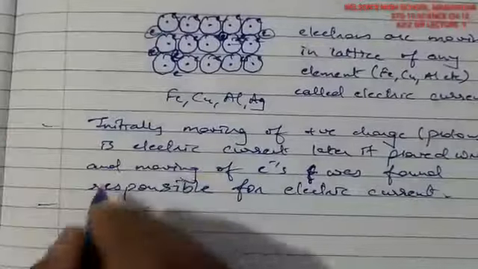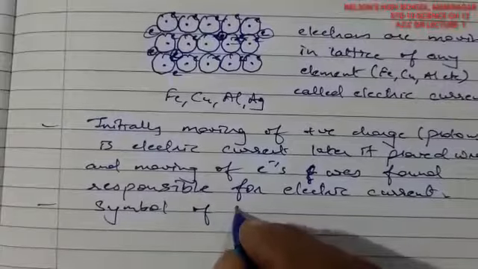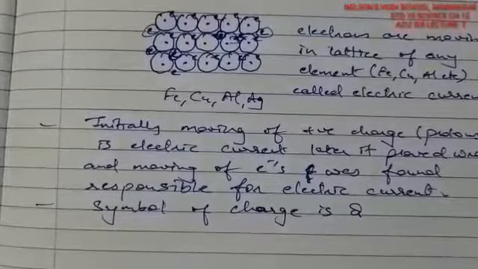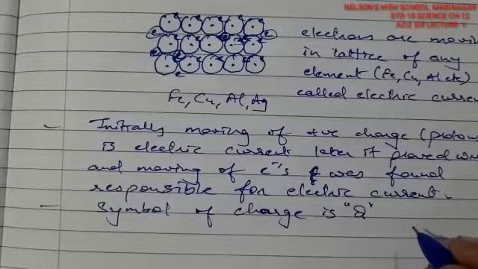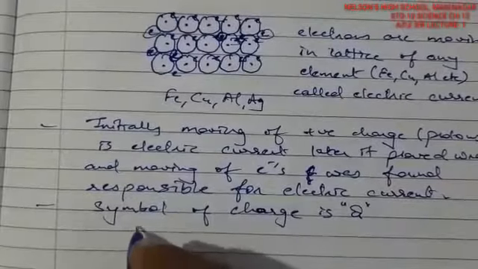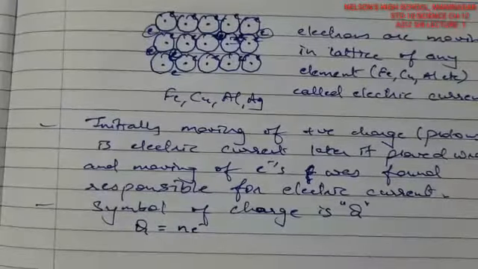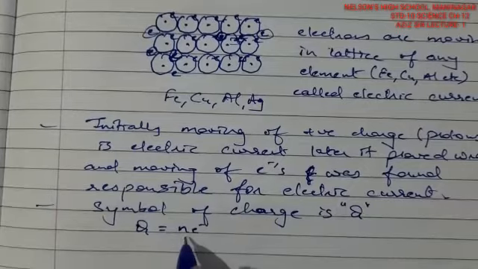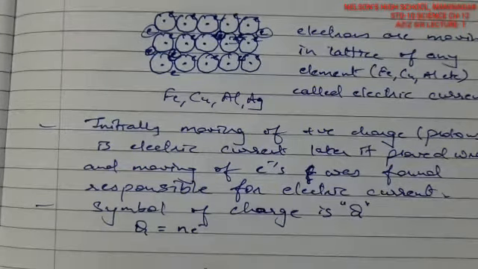The symbol of charge is Q. It can be represented by small q, or by large Q. So the total charge Q is equal to n number of electrons multiplied by the charge of one electron. Why? Because suppose 50 electrons are there, 50 multiplied by the charge of 1 electron counts to be the total charge present.